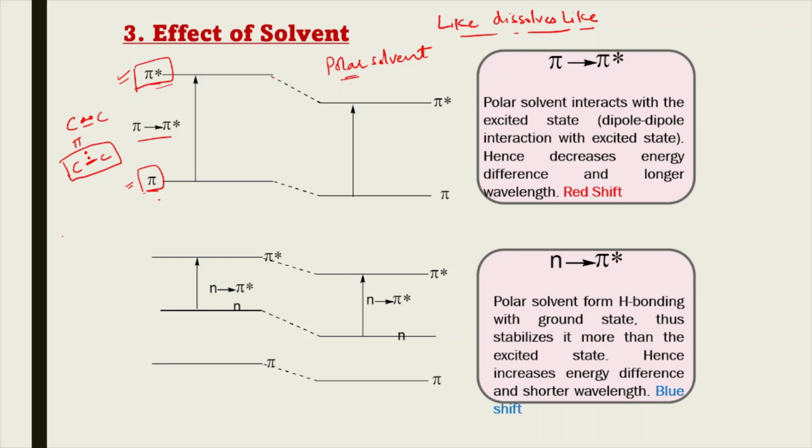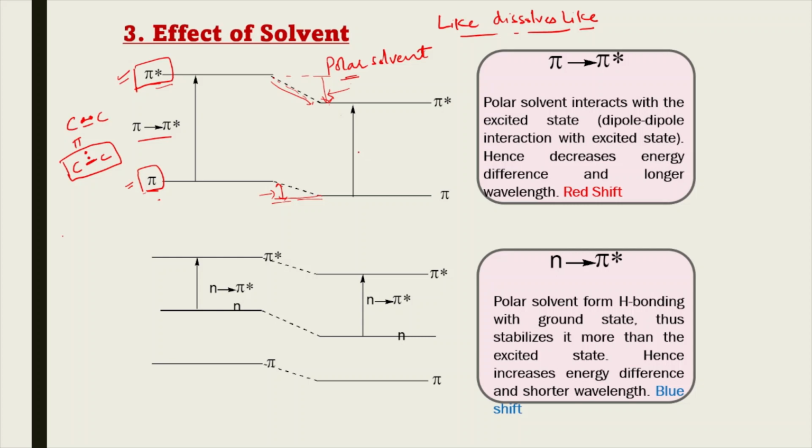So, we can see this is the transition from this position to this position. Now, it has stabilized more as compared to the pi system. Here the stabilization was this much, and for pi star this was this much.